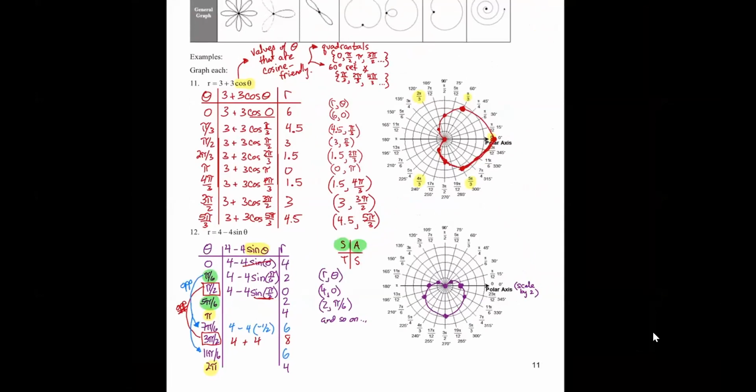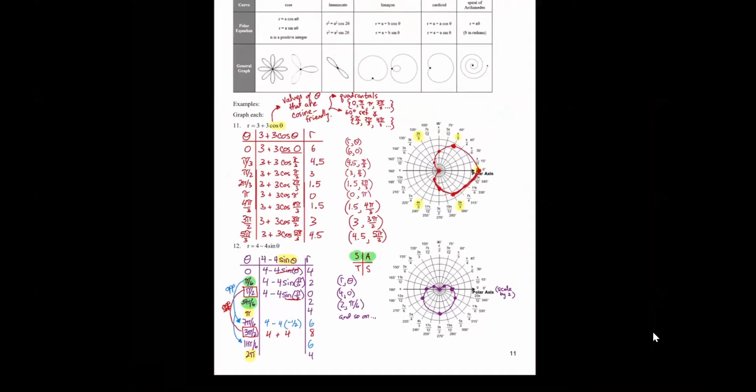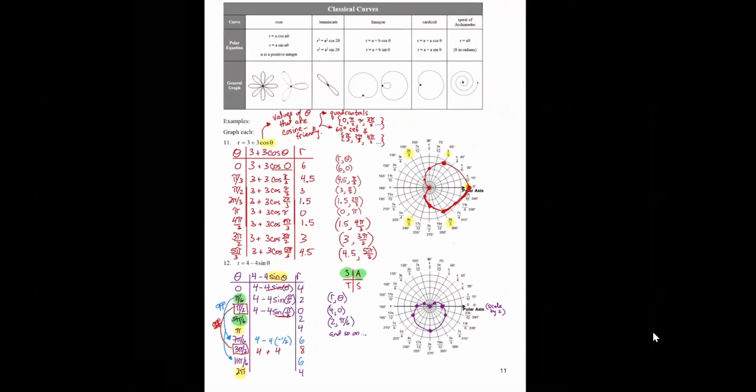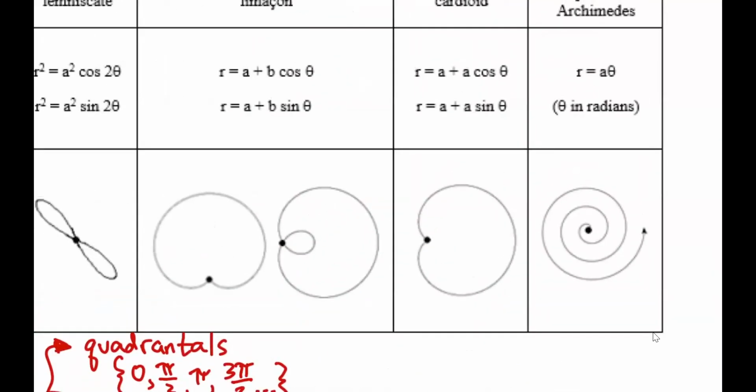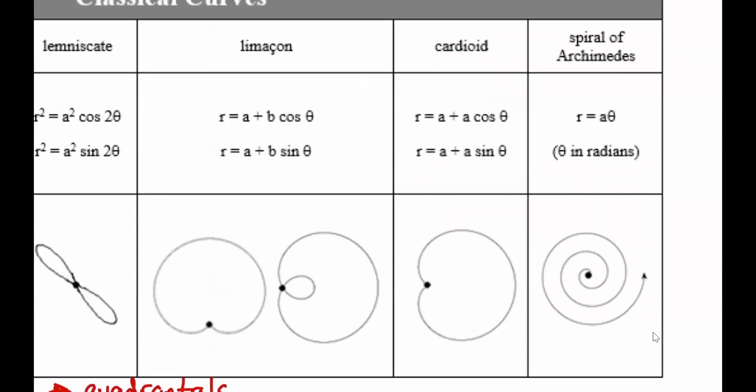Okay. So you kind of look up at the top here and you can see 4 minus 4 sine theta follows the model for a limaçon, not a cardioid, even though it kind of feels like it would be. Cardioid is a derivative of, like the cardi part, cardiac, heart.